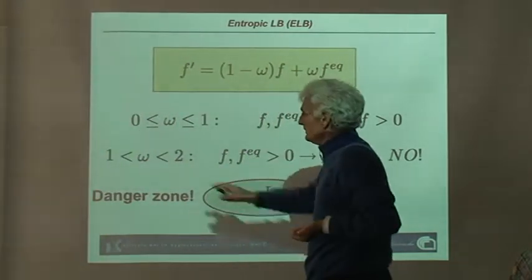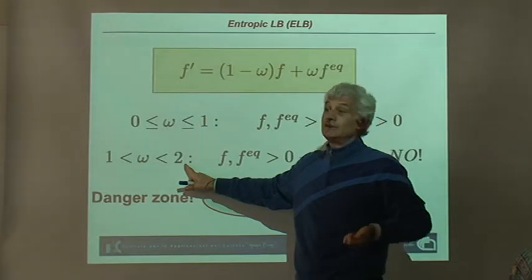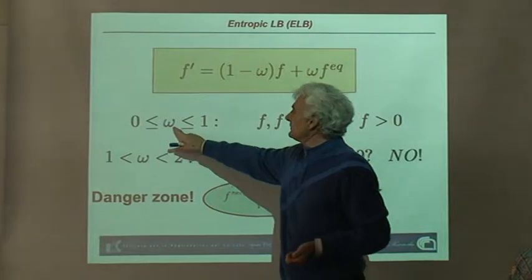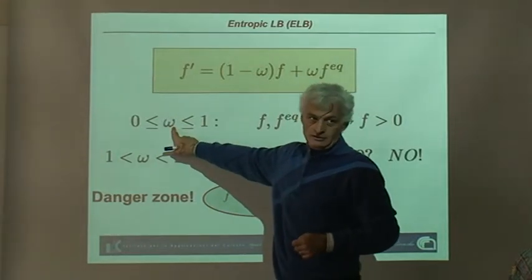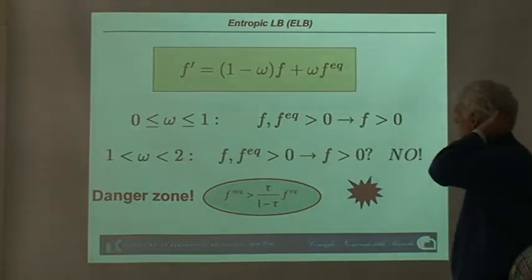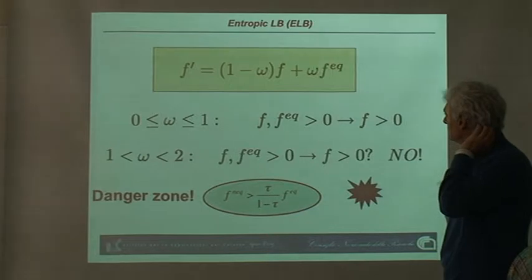But we know that Lattice Boltzmann can go up to 2. And I will show in a moment that you have to go very much into this regime. So this is the under-relaxation regime in numerical analysis terminology, where you are always safe. I mean, we do not break positivity.